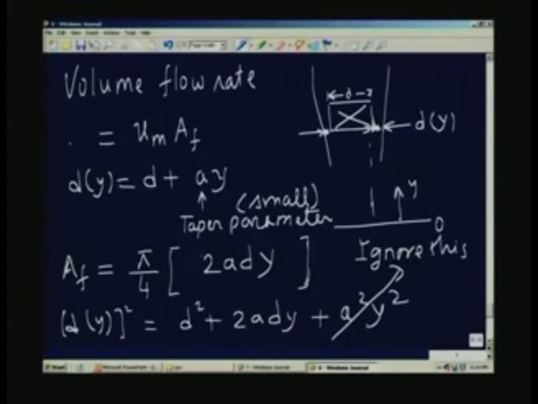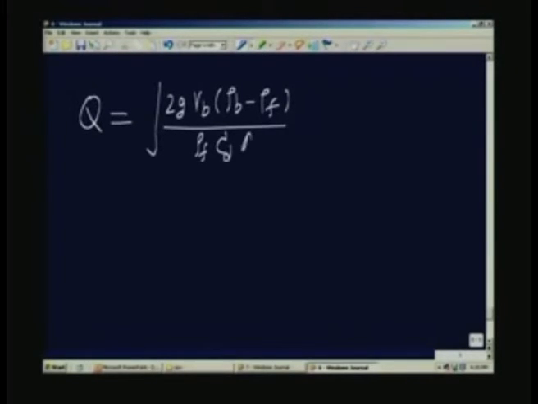Therefore, the volumetric flow rate Q is given by, already I had an expression, 2 g V b into rho b minus rho f divided by rho f into C d A b, multiplied by pi by 4 into 2 a D y.